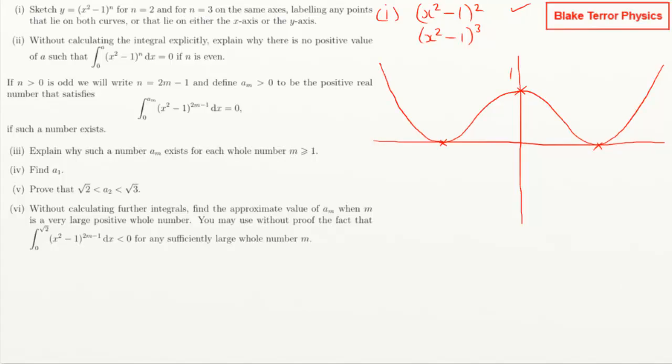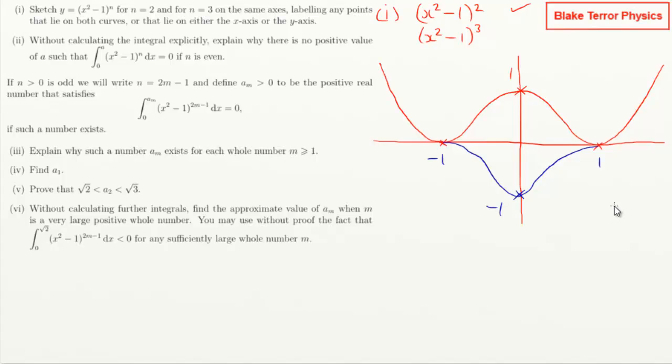Then for the second one, when x is 0 we're now getting minus 1, so that's at minus 1. We've got the same roots at minus 1 and 1, so how is this changing? Well, we've still got symmetry, so it's going to come round here and it's going to come round here. So when we get past that point, when are these two things going to intersect with each other? They're going to intersect when x squared minus 1 equals 1.